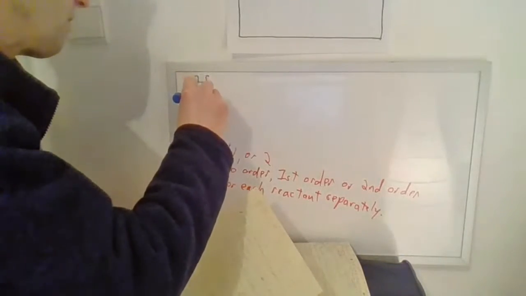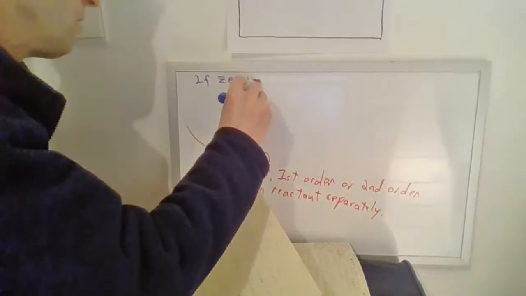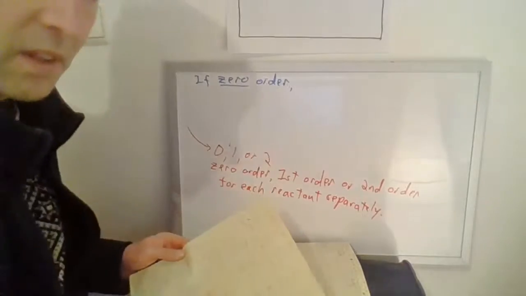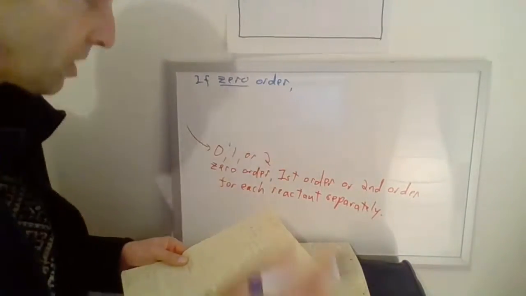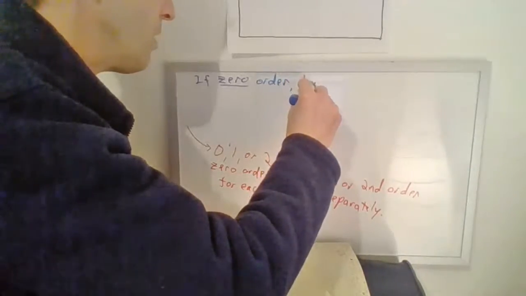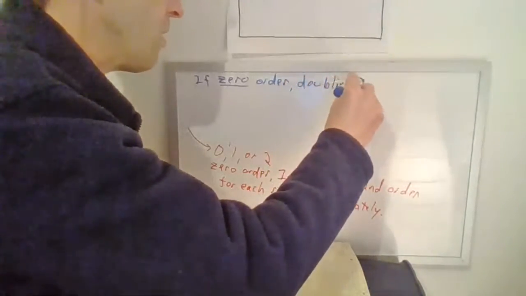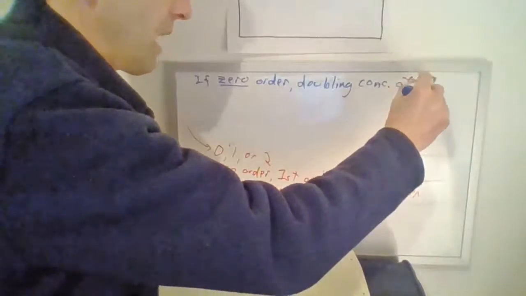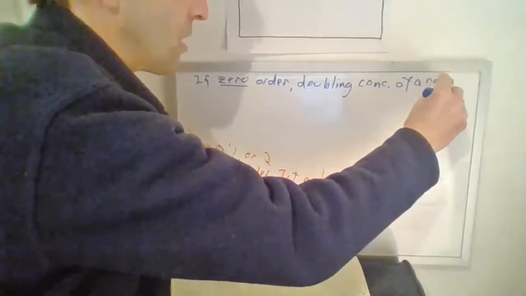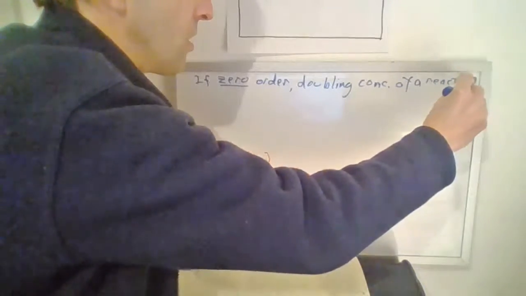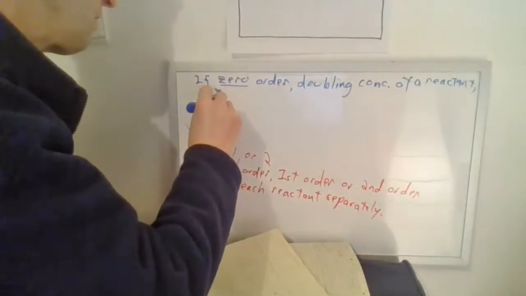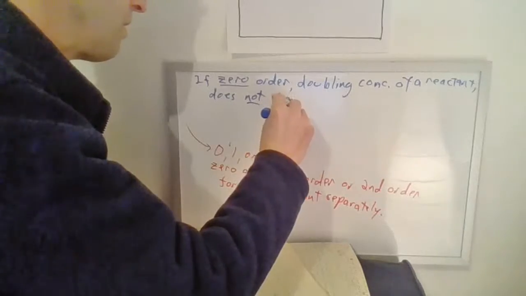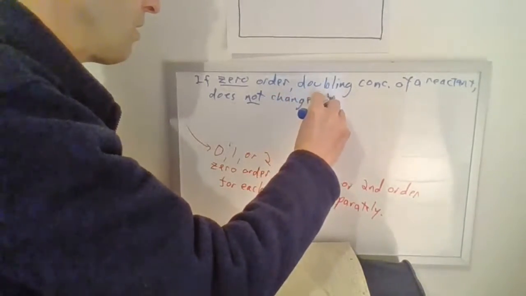Okay, so if it's 0 order, doubling the concentration of a reactant really is what I'm talking about, does not change the rate.